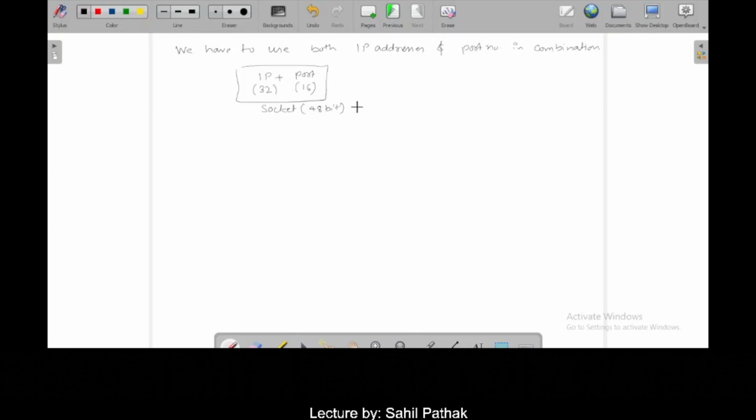Okay, so this is why a socket is used for a connection. I hope it is clear.